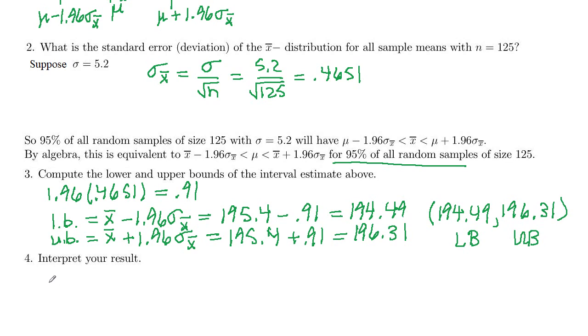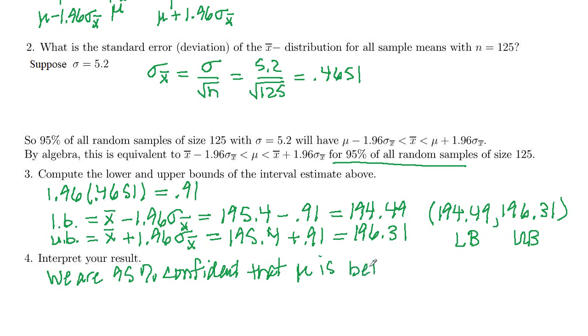So the way that we state that is we say that we are 95% confident that the population mean, mu, is between 194.49 and 196.31.